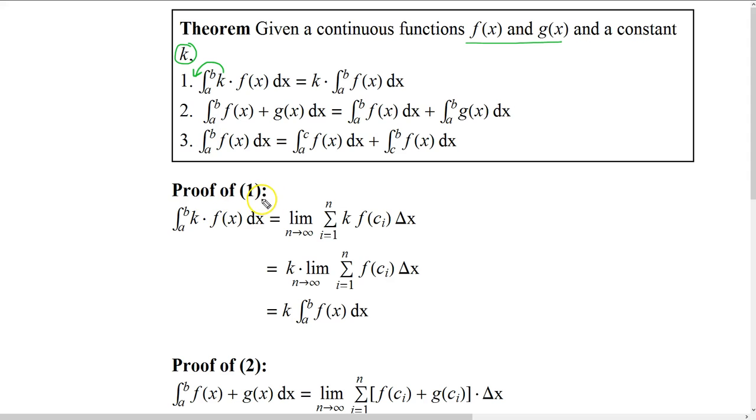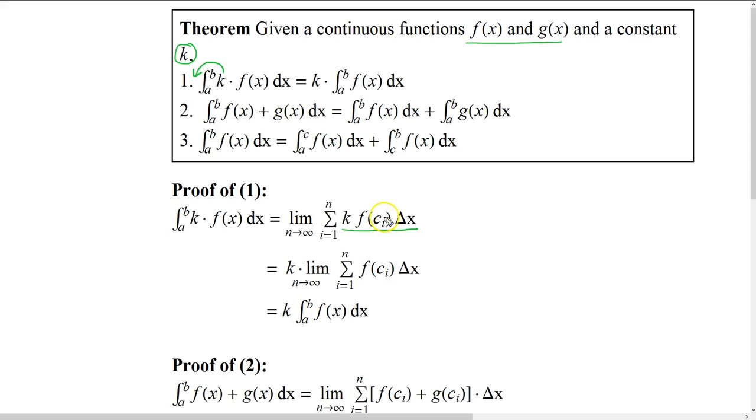So the proof of the first rule is fairly easy. By definition, the definite integral from a to b of k times f of x is the limit as n approaches infinity of our approximating sums k times f of c_i times delta x.